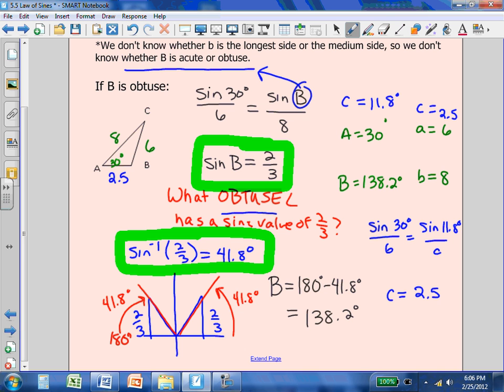So instead of the acute angle, go ahead and calculate the obtuse angle that also has that same sine value. Take 180 minus the angle that your calculator gave you, then finish out angle C and side C. And that is how you find two different solutions. It's the ambiguous case.